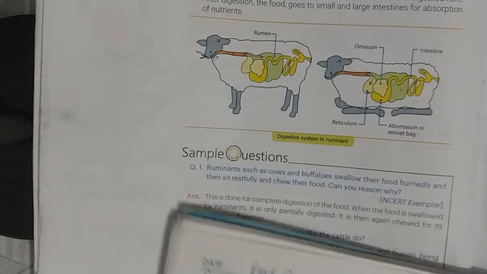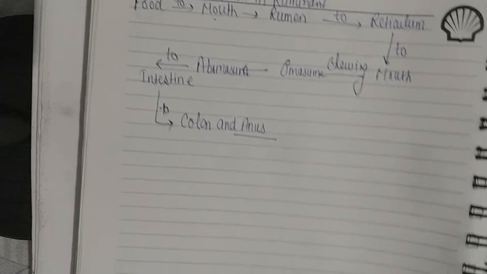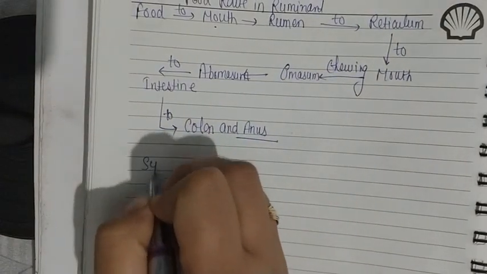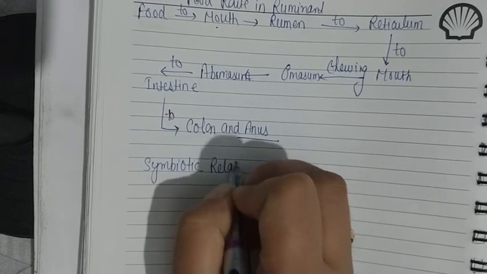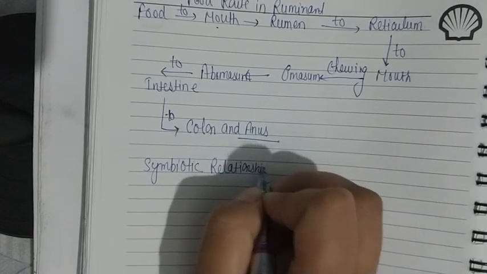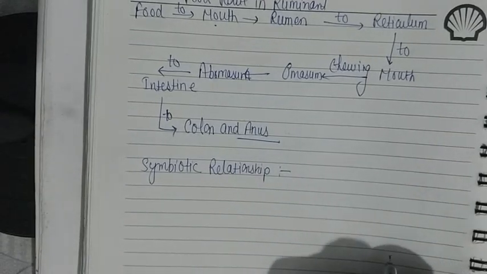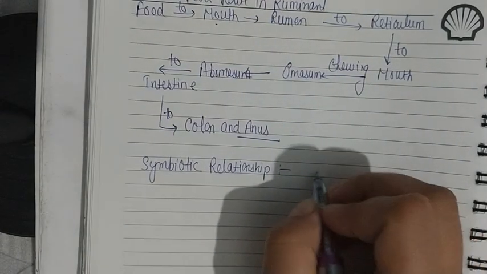Next is symbiotic relationship. Ruminants and microorganisms show symbiotic relationship.